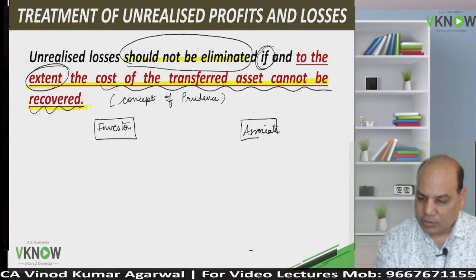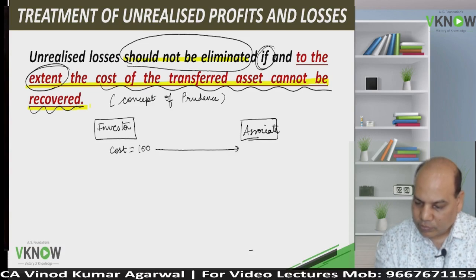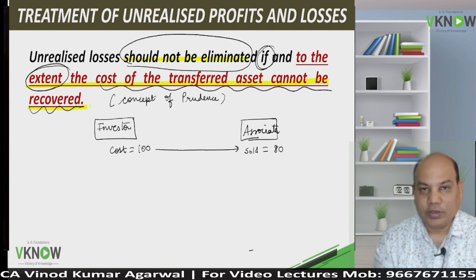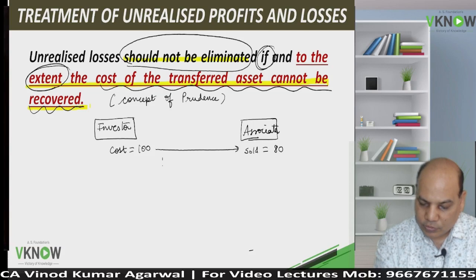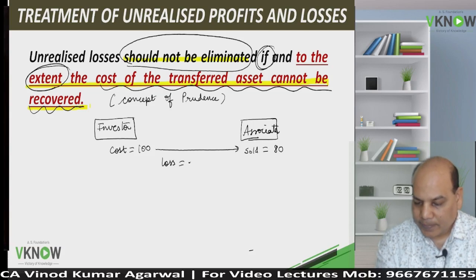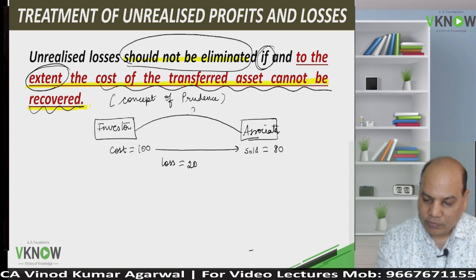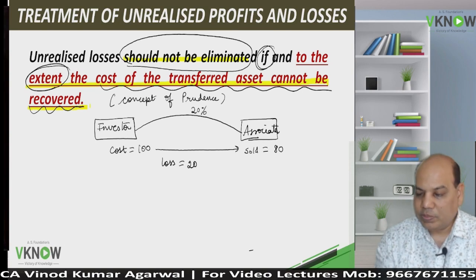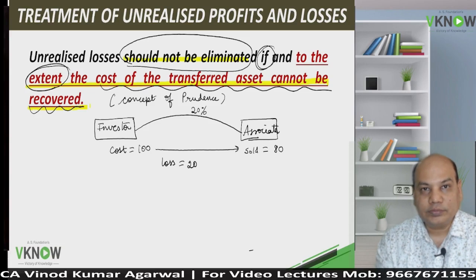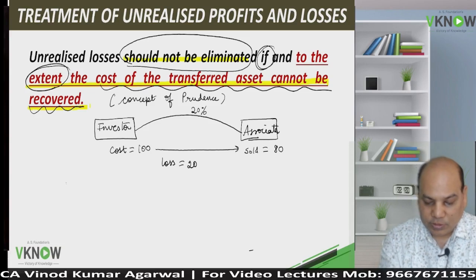And let us say cost is 100, sold for 80. So there is a loss of 20. Investor is holding a 20% stake in the associate. Now there are two cases possible.